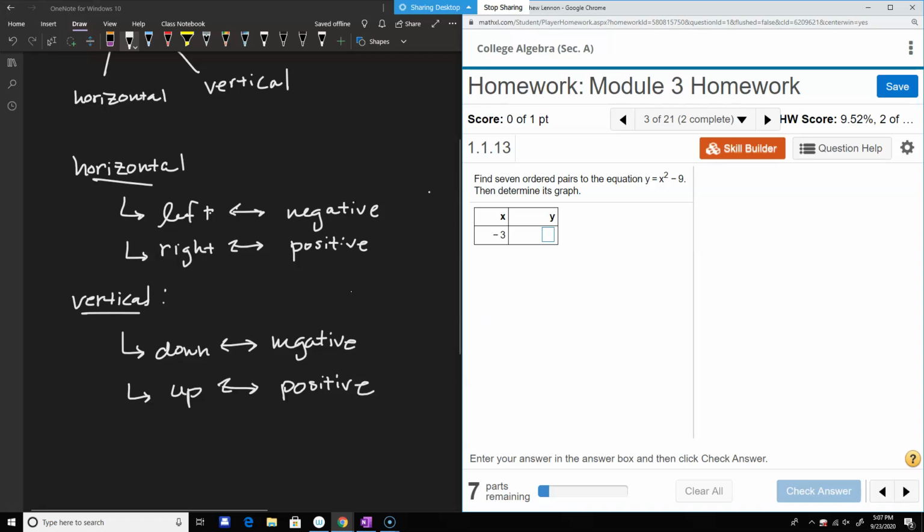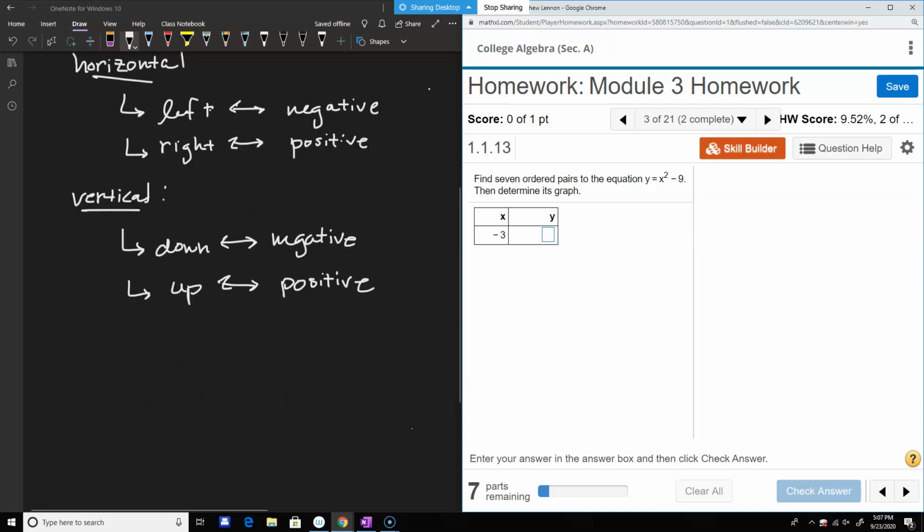Okay, number 3 here is just plugging in values. A lot of times when you're graphing curves where you don't know what they look like, what you do is you plot a bunch of different x values to create ordered pairs until you get some reasonable shape of the curve. So here we have y equals x squared minus 9.